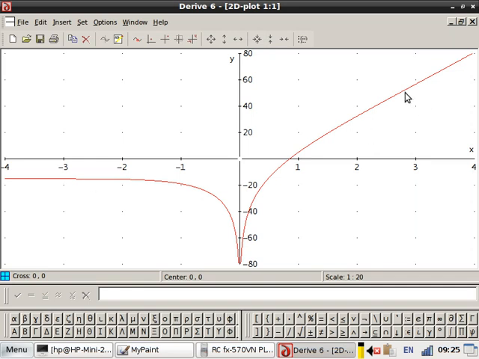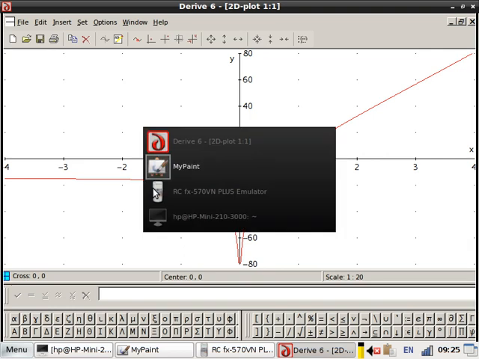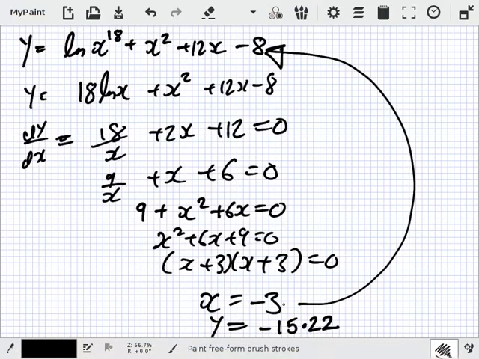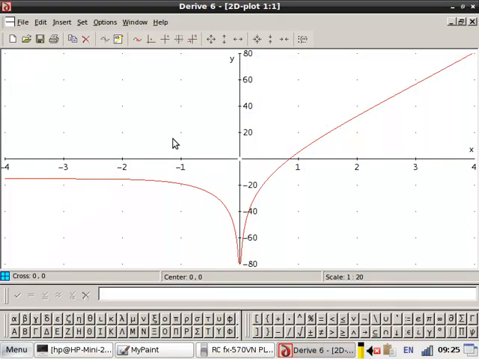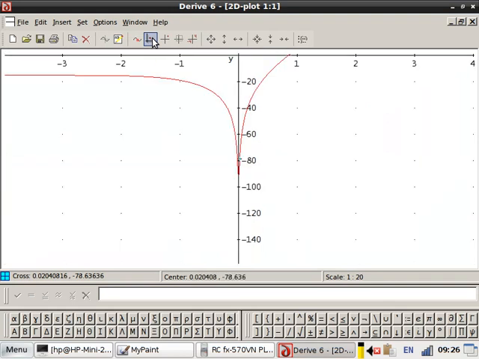But you might notice something strange here. We said there's only one turning point, but if we look at this graph, it looks like there's two. There's one here and possibly one here. So let's zoom in on this point. Center on cross and zoom in.